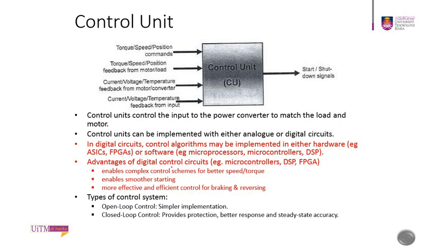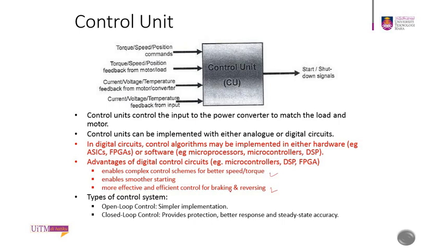Advantages of a digital control circuit, for example DSPs and FPGAs: it enables complex control schemes for a better speed to torque ratio, enables smoother starting, and has more efficient control for braking and reversing.